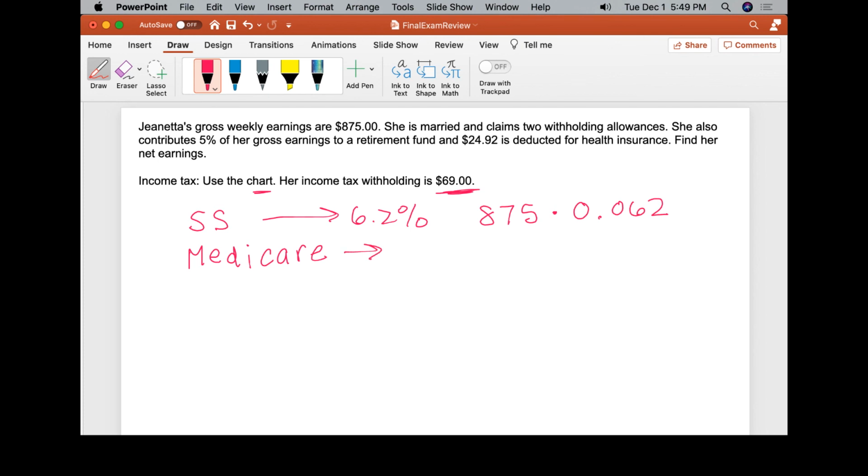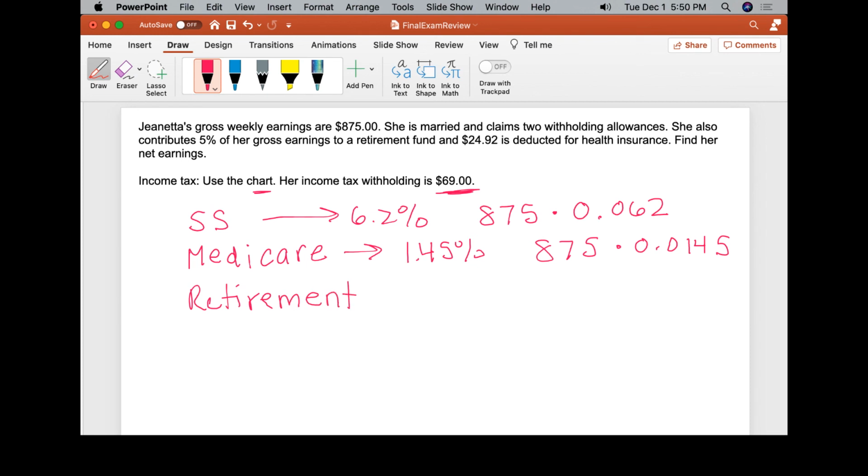Medicare is 1.45%. So we're going to take 875, multiply by 0.0145. Then they also have a retirement fund. And the retirement fund can vary.